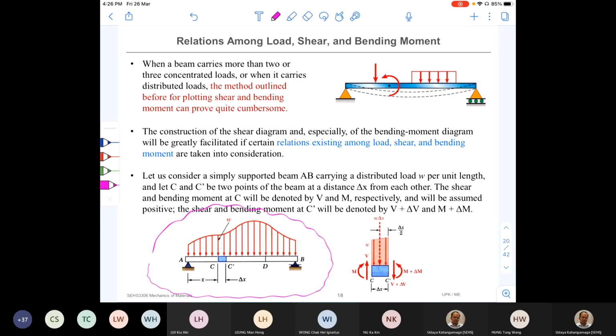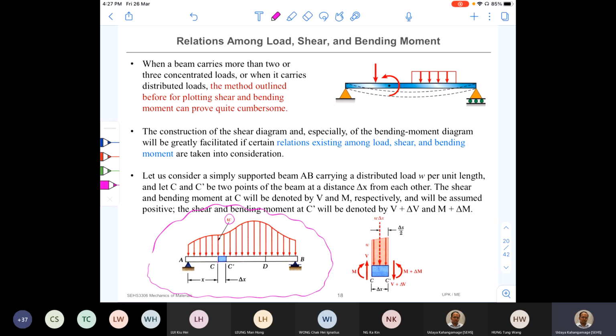You can see the intensity of the load distribution is not constant; it varies from point to point. I'm going to take a random point on this beam AB, point C, and at that point the intensity of the applied load is W.